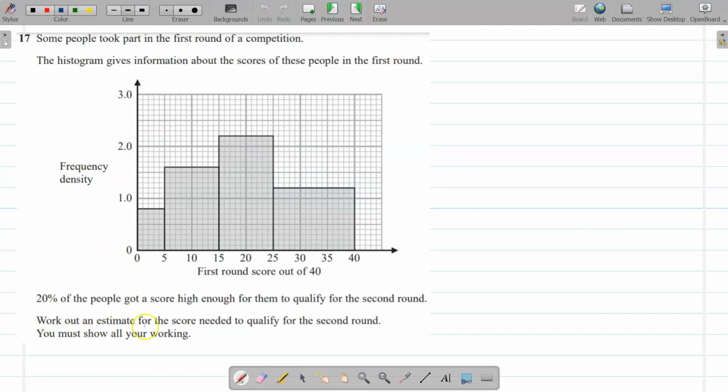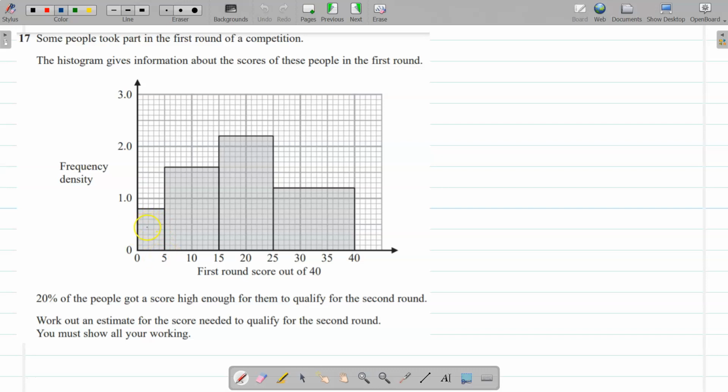20% of the people got a score high enough for them to qualify for the second round. We've got to find what score the top 20% of people got. Well, we need to basically find the top 20% of this area. So let's work out the areas or the frequencies represented by each block.